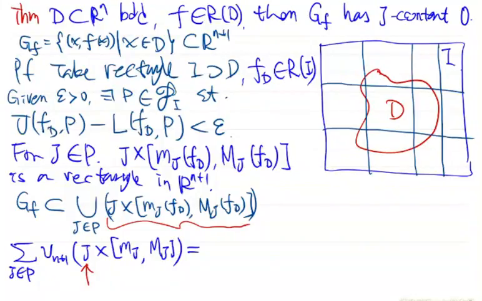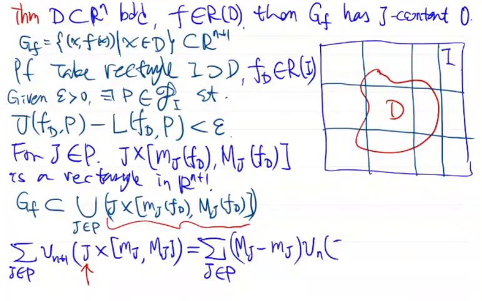Then multiply the length of the last edge, that is capital M_J minus small m_J. So this is precisely, for each J, capital M_J minus small m_J, times the n-dimensional volume of J.